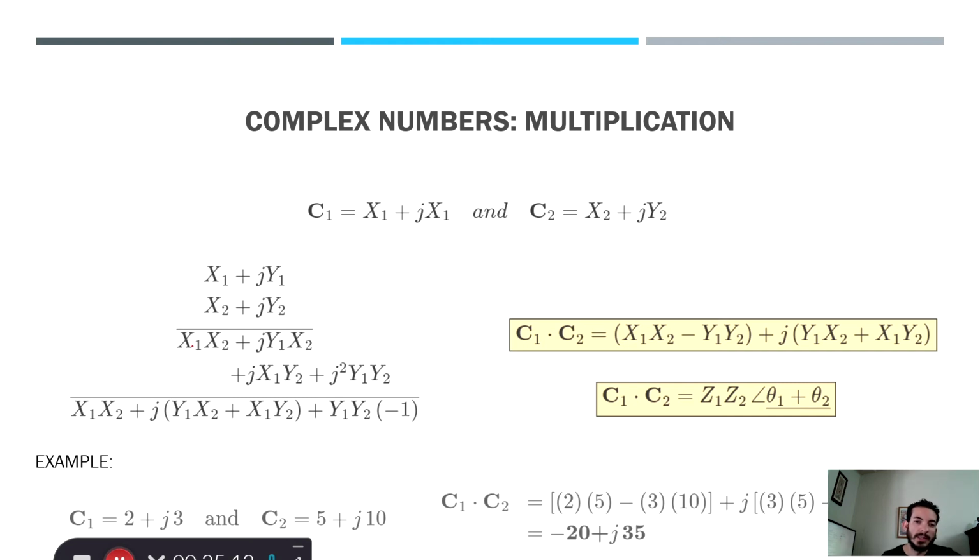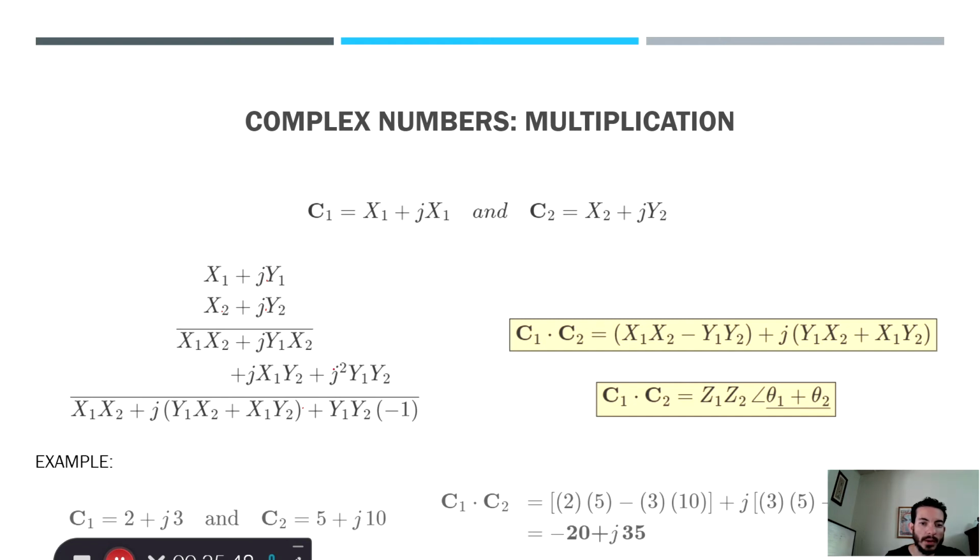So for instance, if we were to do the multiplication, we would expand it term by term: x1 times x2, plus j y1 times x2, plus x1 times j y2, plus j y1 times j y2.